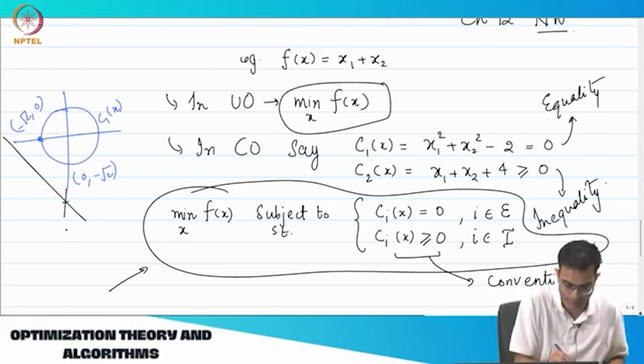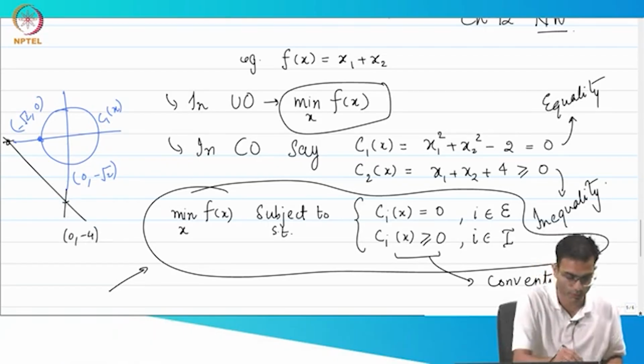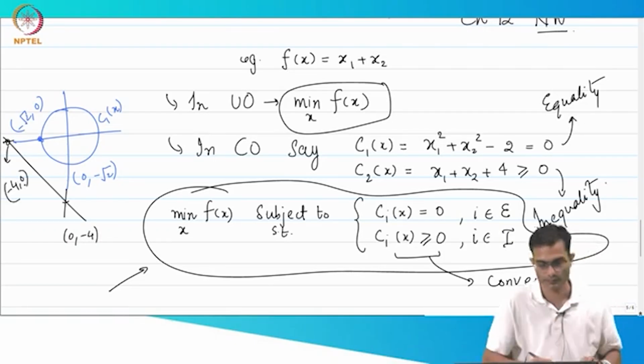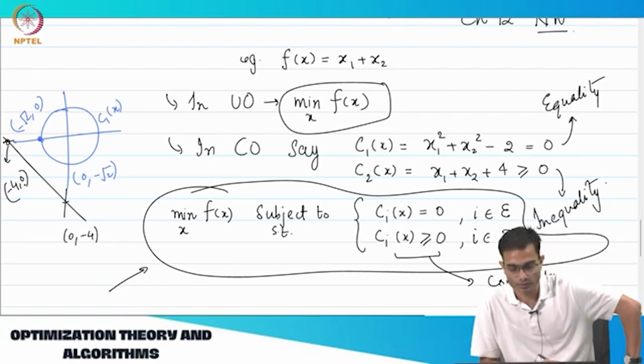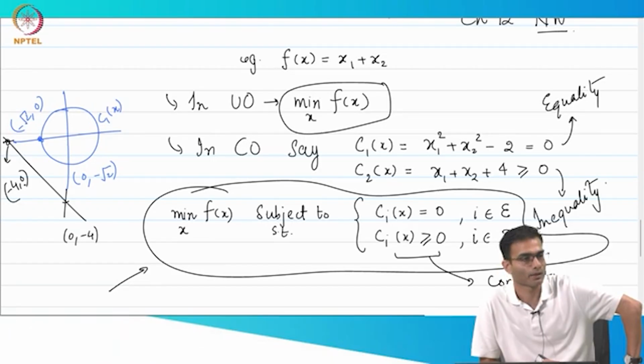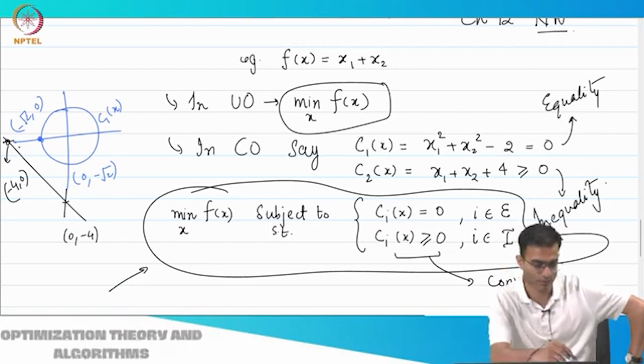So this is my 0 comma minus 4, and this point over here is my minus 4 comma 0. Very good. Now what is this feasible set now? It is the entire circle.